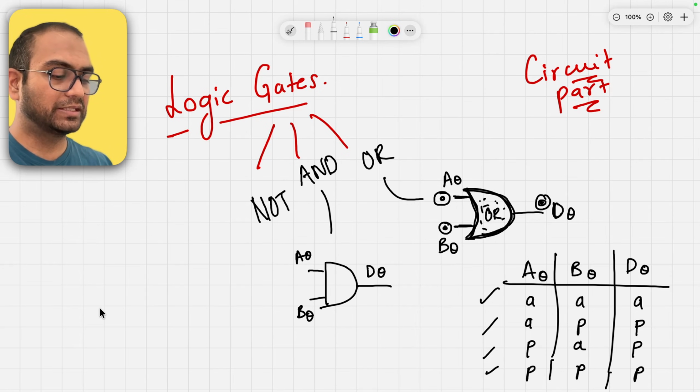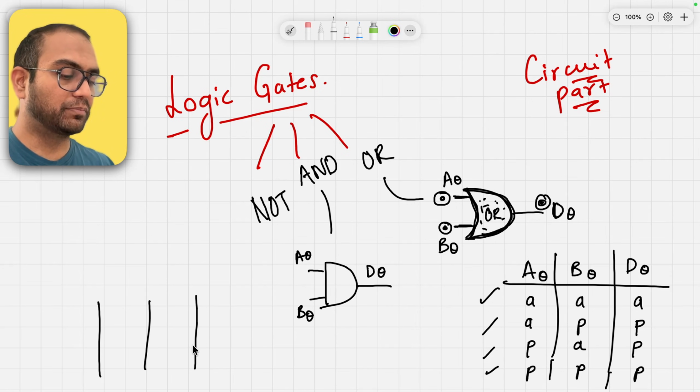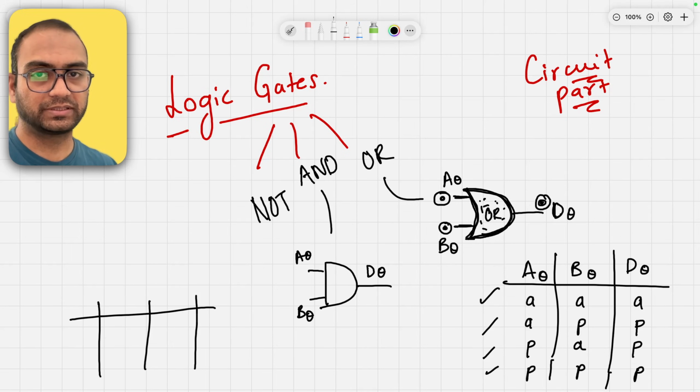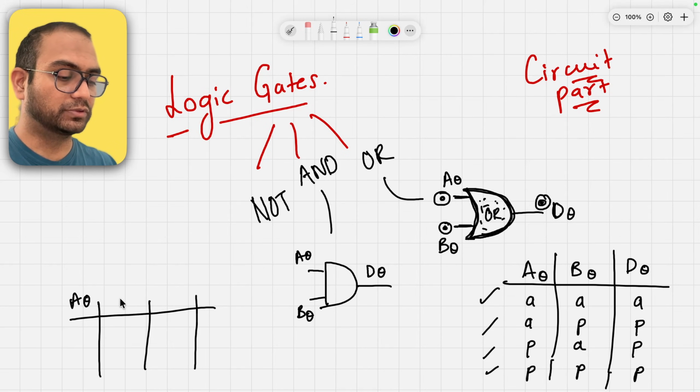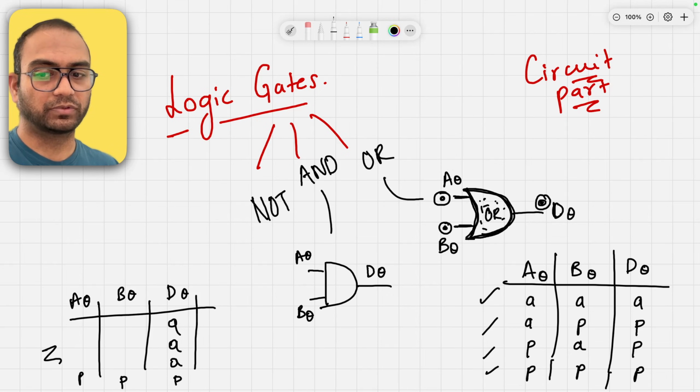In the case of an AND gate, both the inputs have to be present for the output to be present. Both of them present is the only time the output is present.